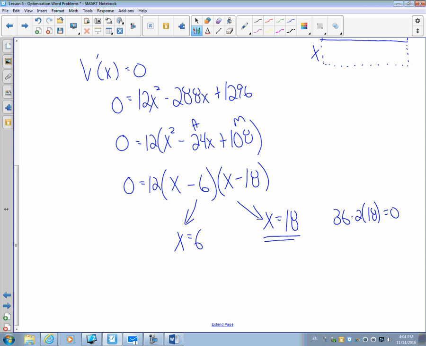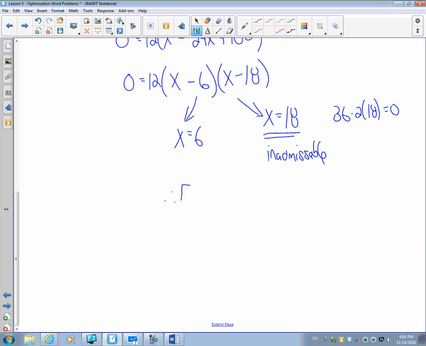Kind of a problem, wouldn't you think? So this answer is inadmissible. There's nothing left over if I try that. It's not a practical answer. So each corner piece is 6 centimeters by 6 centimeters.